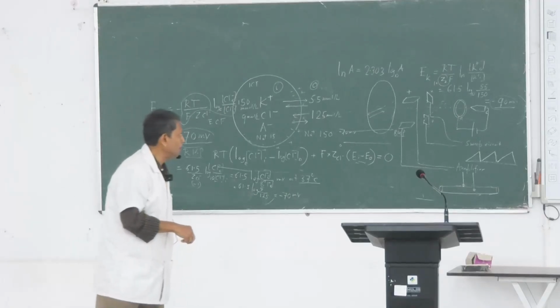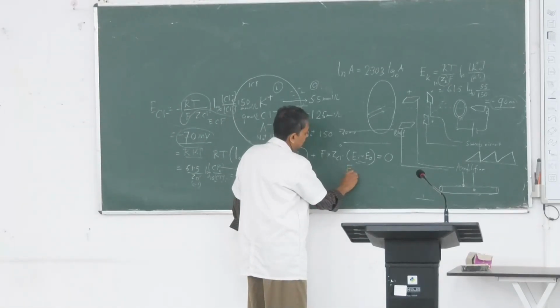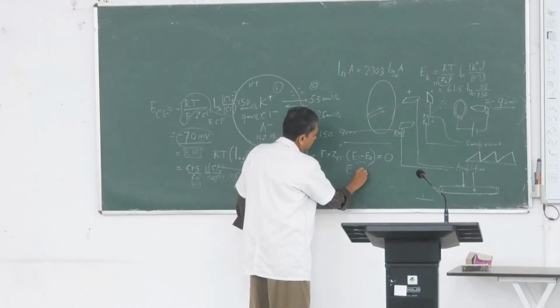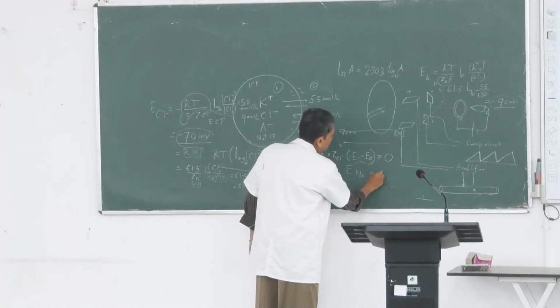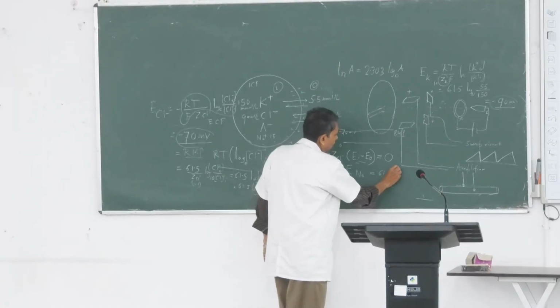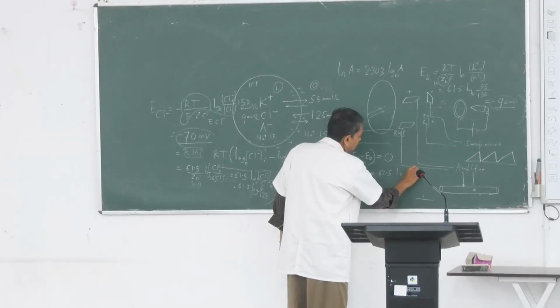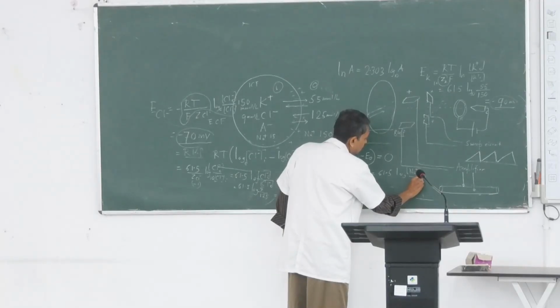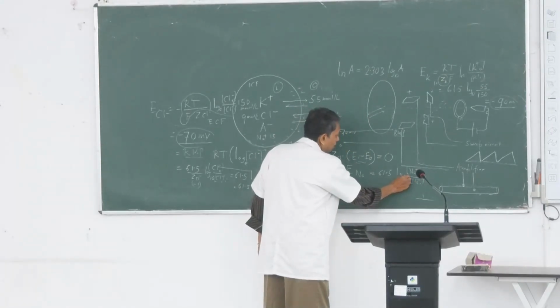Similarly, in case of sodium, if you consider ENa, it is equal to 61.5 log of sodium concentration outside divided by sodium concentration inside, to the base 10.